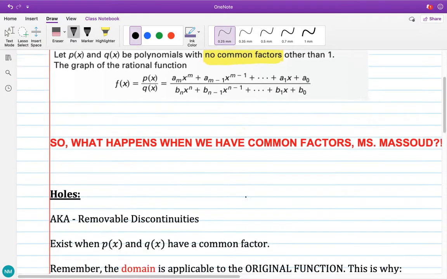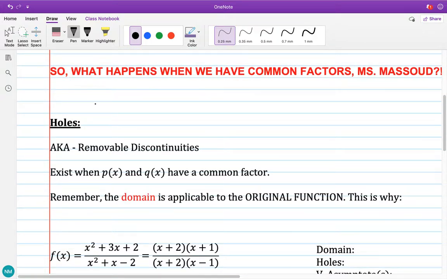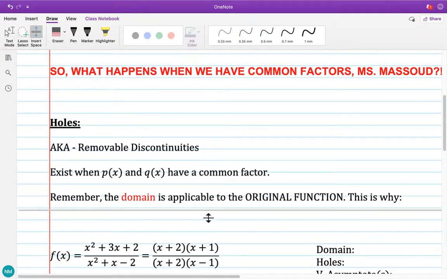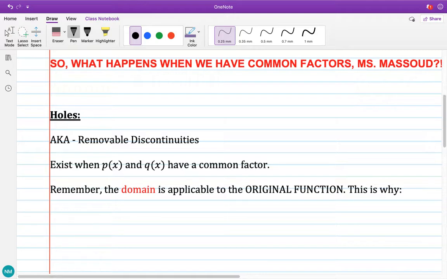All right, so let's just go over some ground rules, and I'm more going to show you than tell you what it is. So a hole is also called a removable discontinuity, which means that it is non-existent on the graph. It is exactly what you think of. It is a hole. So if I have a graph, it's going to look something like that.